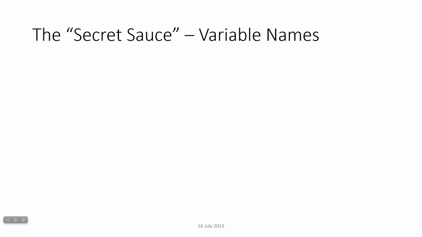Now, the secret sauce is something you've started to notice, if you've been paying attention: the variable names have a particular format. And if you want to make coding easy, this is one thing that, again, is underemphasized. The basic tools to get organized, we don't talk about that a lot.